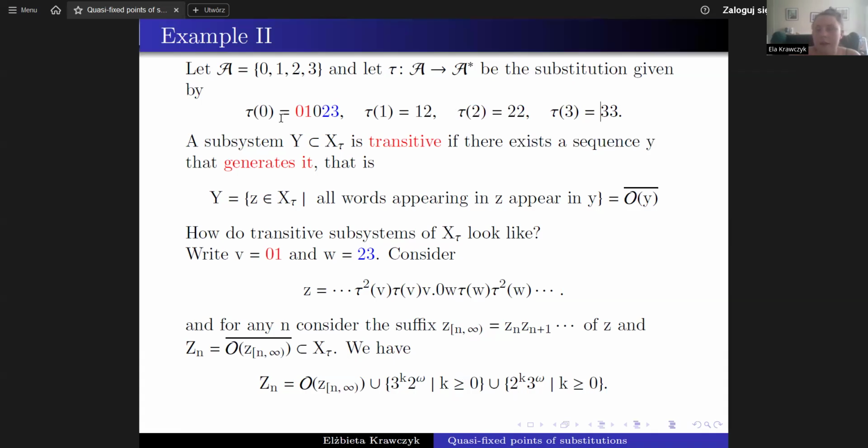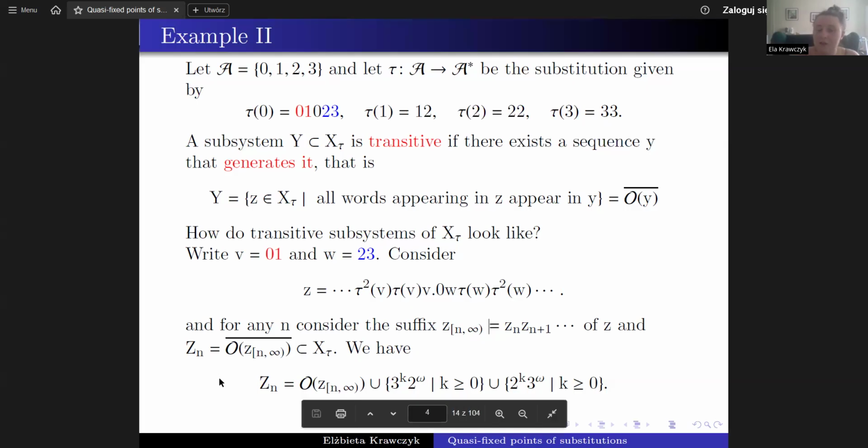However, if I look at this point Z, since I'm working in a one-sided context, I can cut this point Z at some point N and consider the following suffix of Z. And any such suffix, this is not difficult to check, gives me a distinct transitive subsystem.